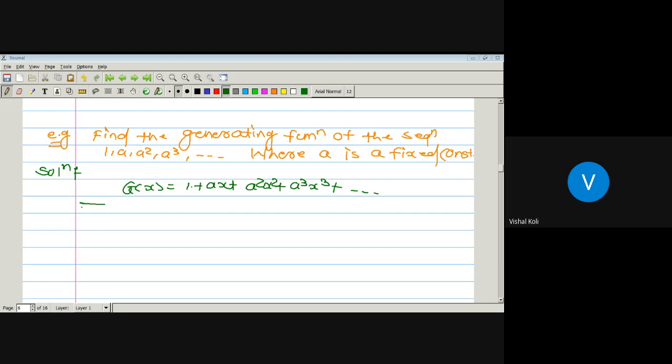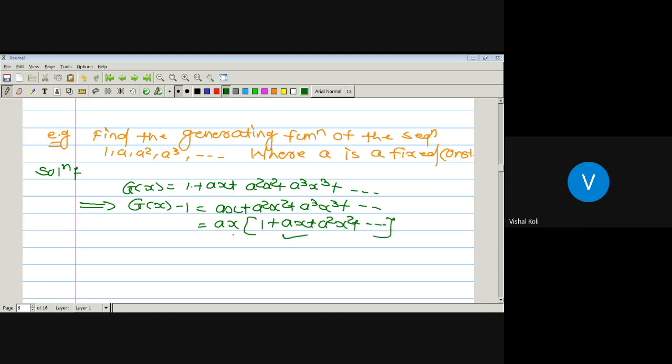Now just subtract 1 on both sides. Then g of x minus 1 is ax plus a square x square plus a cube x cube and so on. As ax is common in each term, take ax outside the bracket. Then it is 1 plus ax plus a square x square and so on.